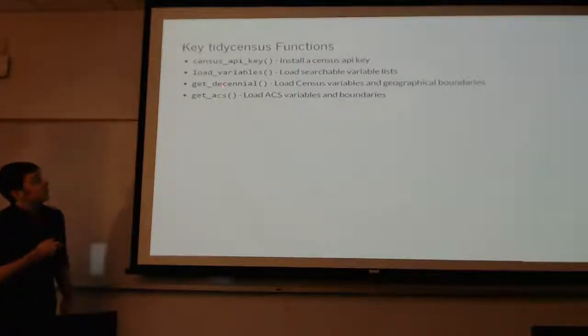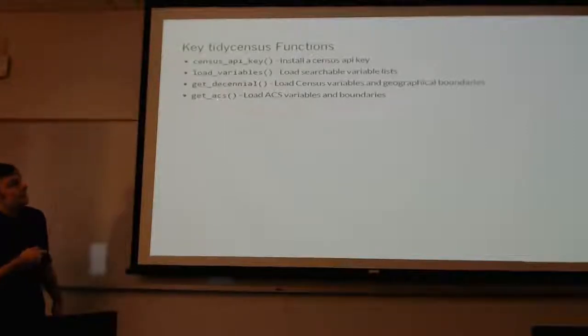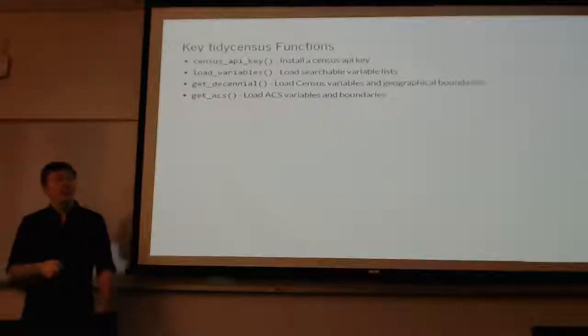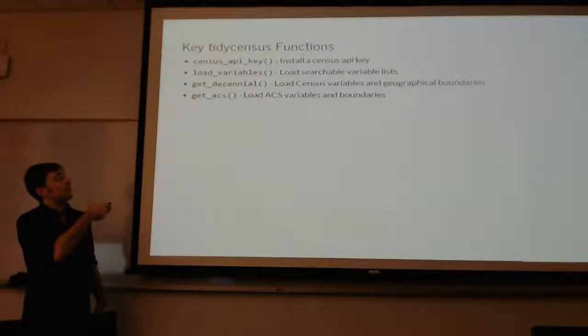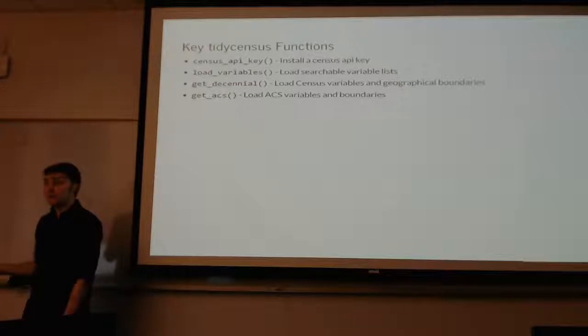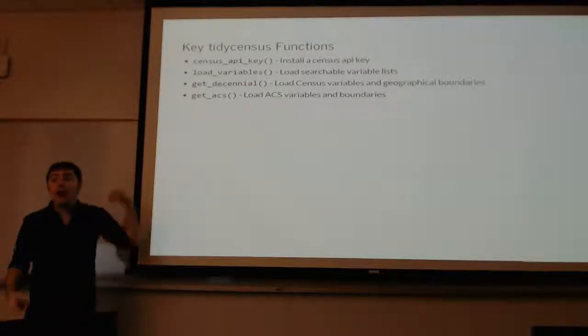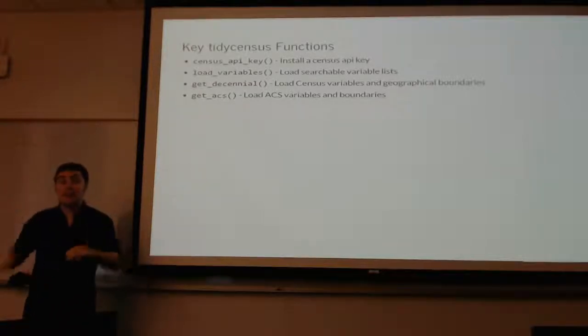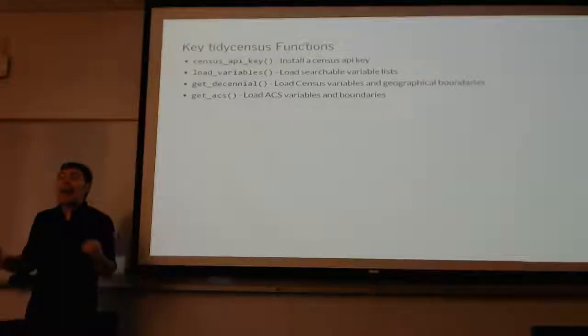Next, there are the two functions get_decennial and get_acs, which will load census variables and their geographical boundaries based on variables that you might select from within load_variables. Basically, this gets you the variable names, and then get_decennial, you could provide it a vector or a list of variables you want to grab. It will grab them, automatically put them in a tidy data frame with their geographical information, and it will do it at whatever geographical level you ask for.